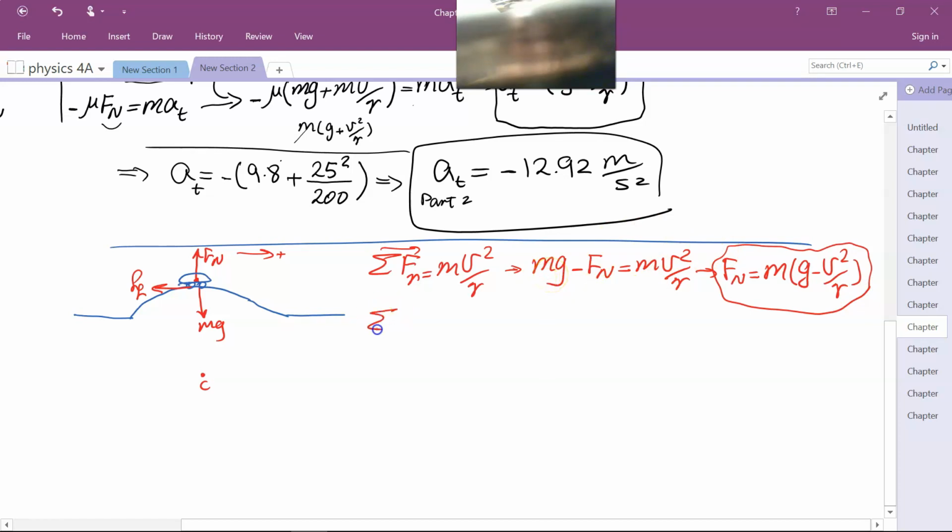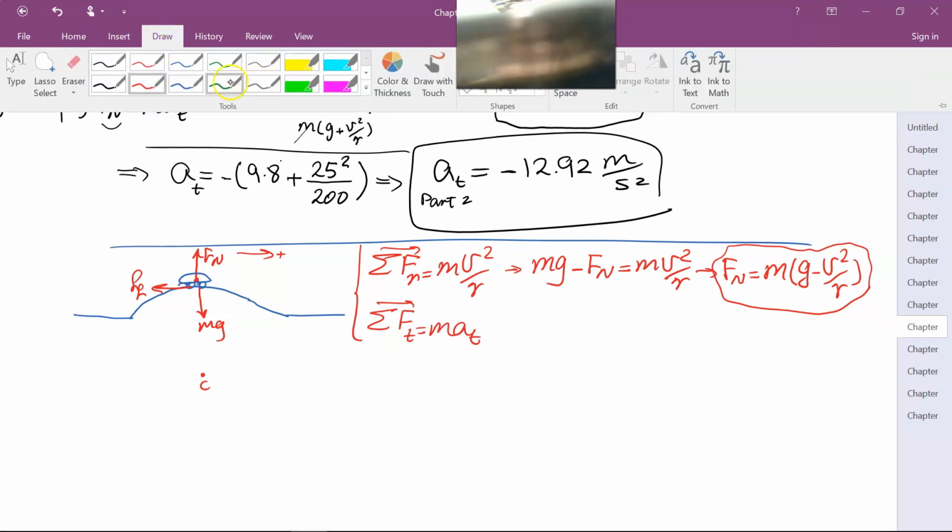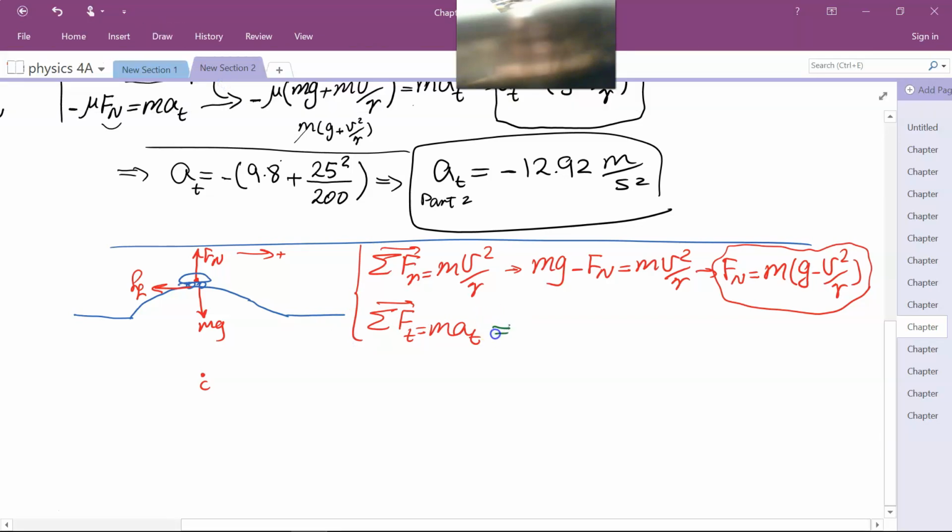Then sigma F on the t-axis is mat. So I am going to get what? How many forces do I have on the tangent axis? Ff, but it's in the opposite direction, correct? What is Ff? It's minus mu Fn equal mat.